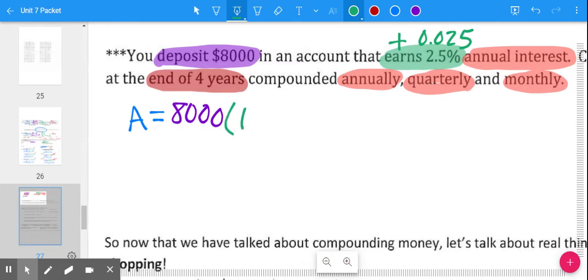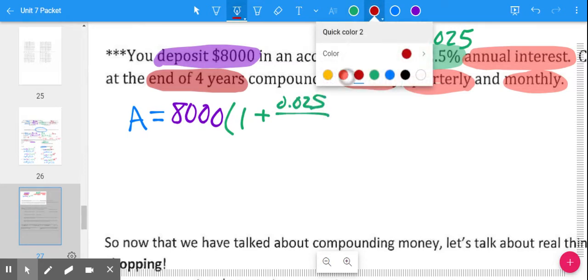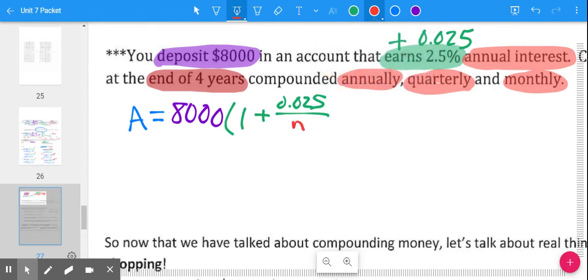So we have 1 plus 0.025 over n with the exponent n times t.